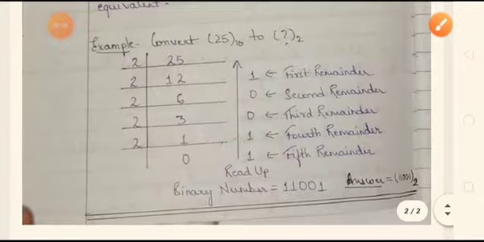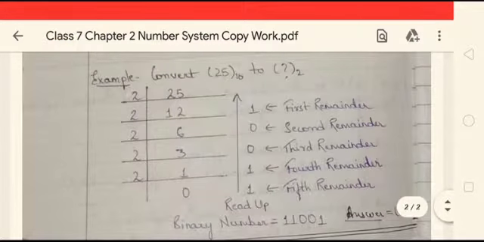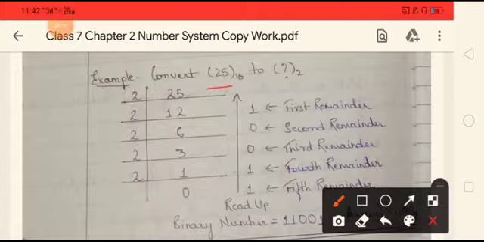Now let us see one example. Convert 25 in base 10 to base 2, that is, convert this decimal number into a binary number. Our number is 25, and the first step is to divide it by the base. The base is 2, so we divide 25 by 2.